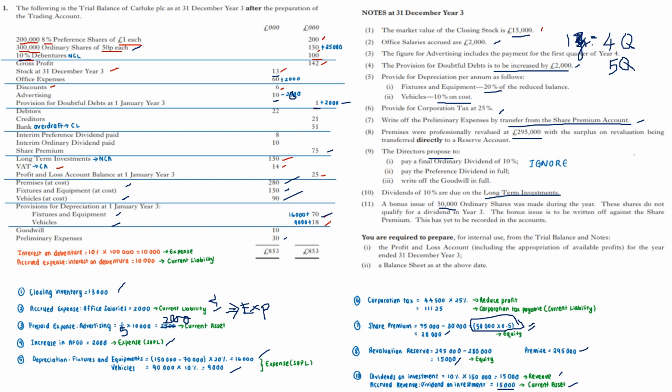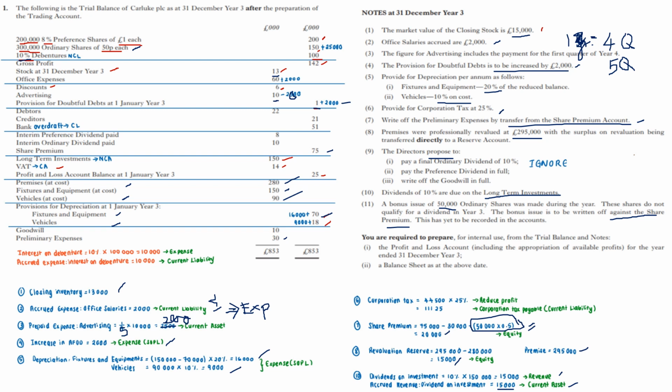The bonus issue is to be written off against the share premium. So this has to be deducted from the share premium. Basically what it means is this. They issue the share to their current investors for free, so meaning that the investors do not have to pay for the bonus issue. However, the company has to bear it. How does the company bear the value?